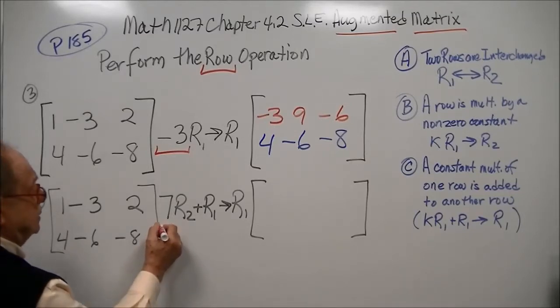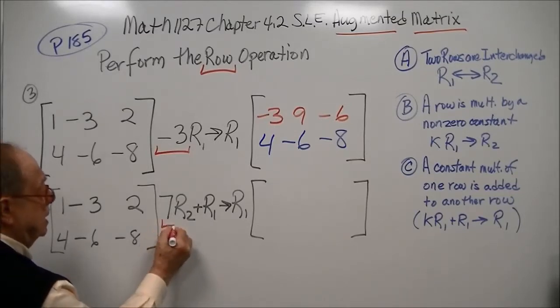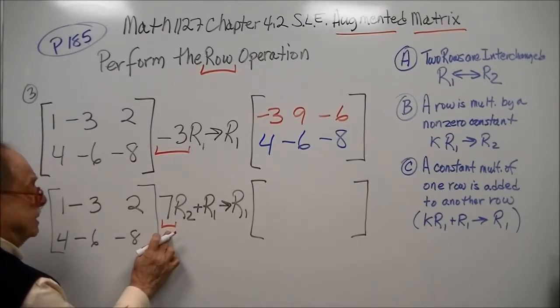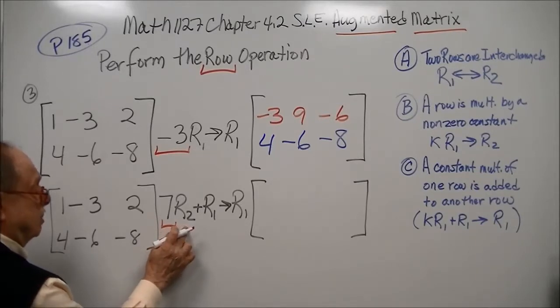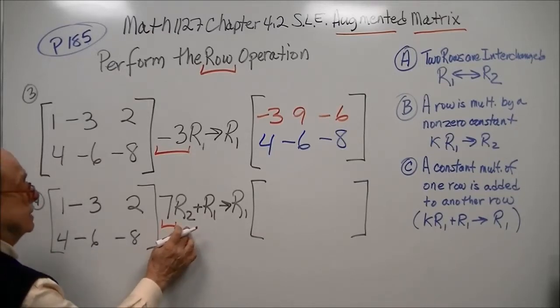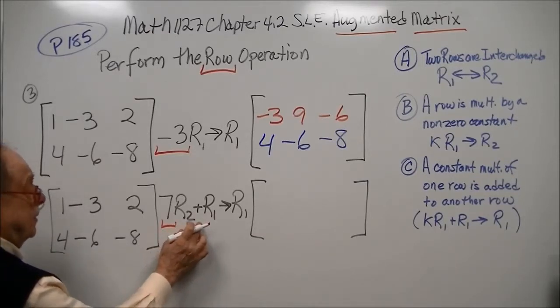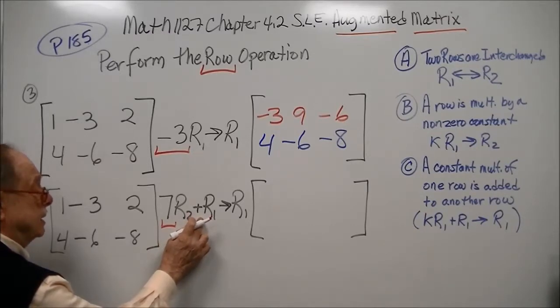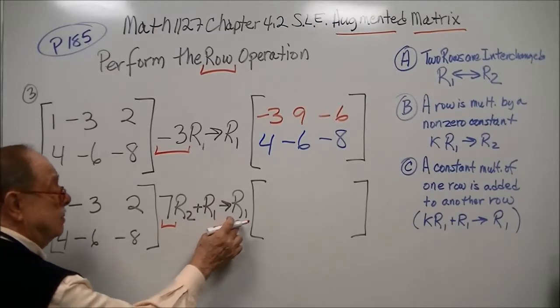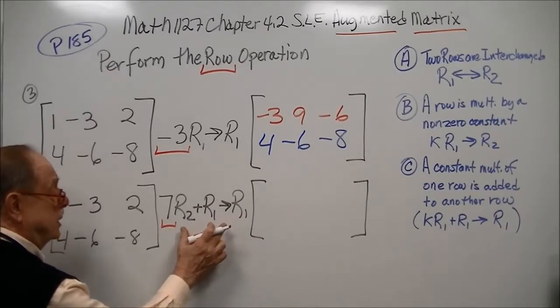Well, they want us to multiply row 2 by this constant 7. So multiplying row 2 by the constant 7, then we're going to add that to our row 1 item, and then replace row 1 with this.